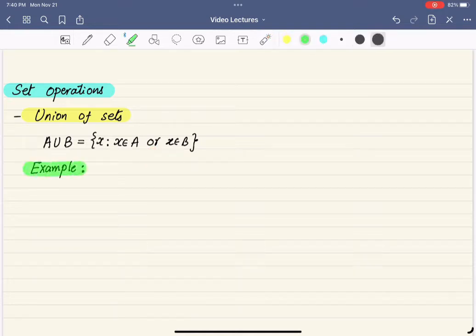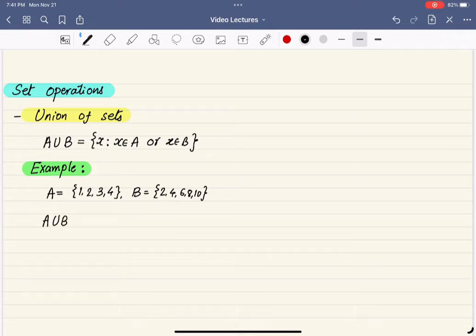Let A be the set given by 1, 2, 3, 4, B be the set 2, 4, 6, 8, 10. Then their union is given by all the elements of A. So 1, 2, 3, 4, all of them will come. And then 2 and 4 are already taken into account, so we don't have to write them. So we just write the remaining elements 6, 8, 10. There you go. This is the union of two sets.